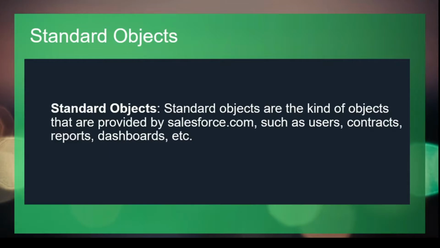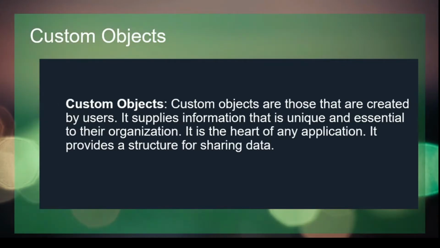When we work on the practical part, we will be listing them down. Moving on to custom objects. Custom objects are the objects that users create by themselves, that you as a developer would create yourself. They supply information that is unique and essential to the organization.